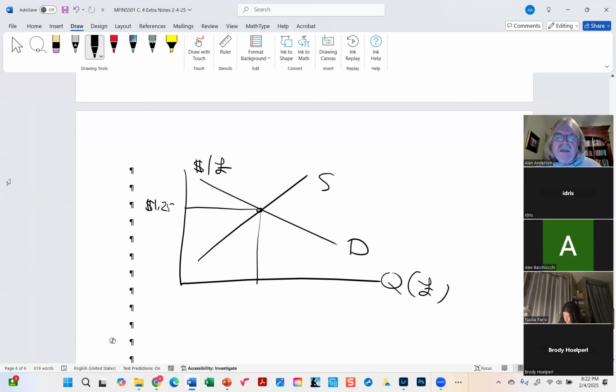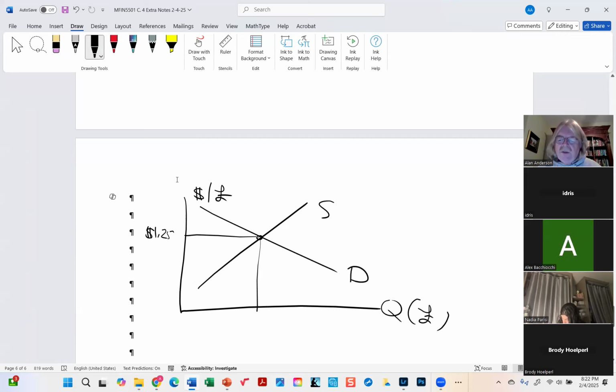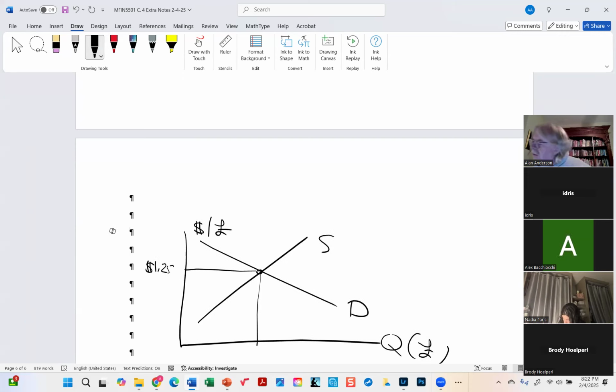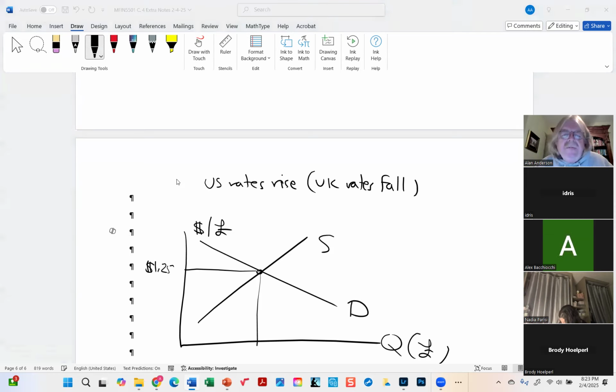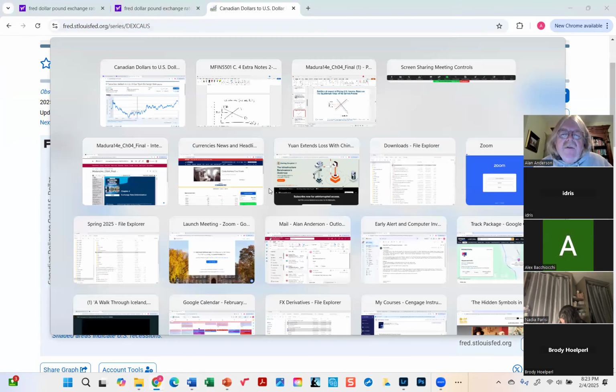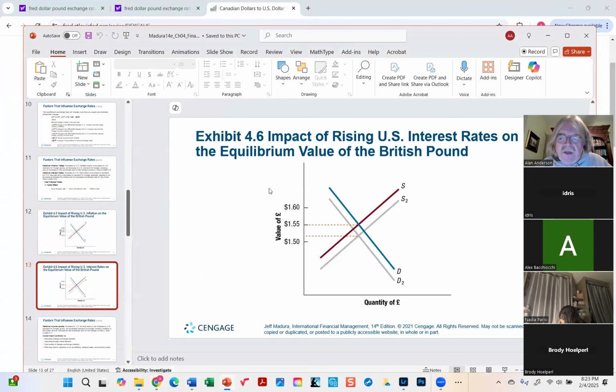Let's say in this case, they're telling us that if US rates rise, or equivalently, UK rates fall, the impact will be, now, this means that rates are higher in the US.